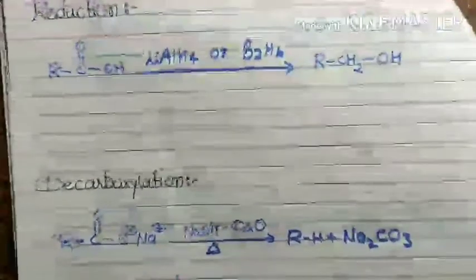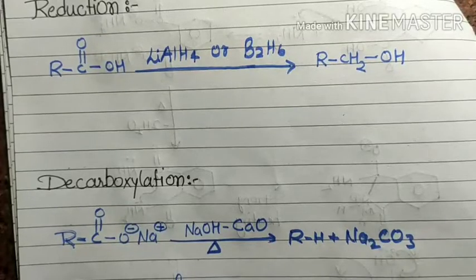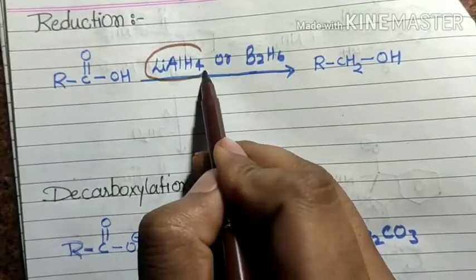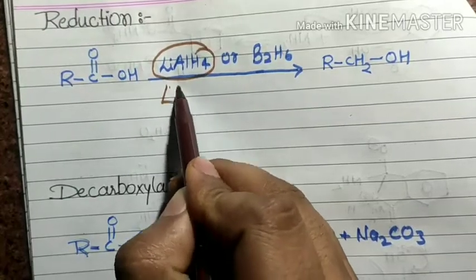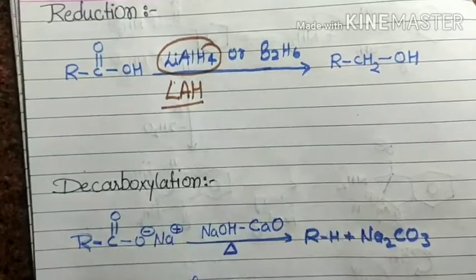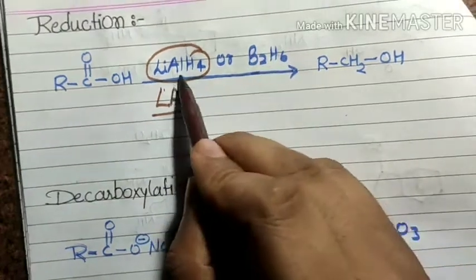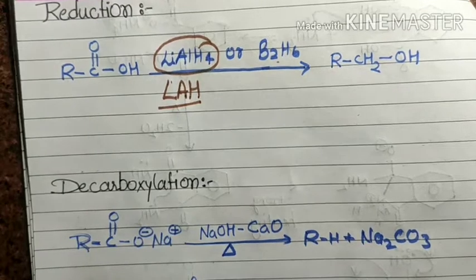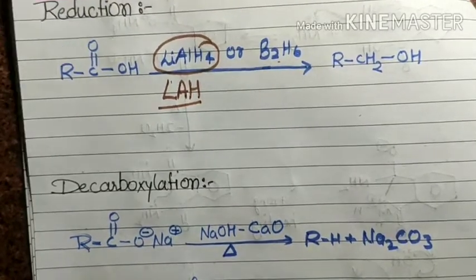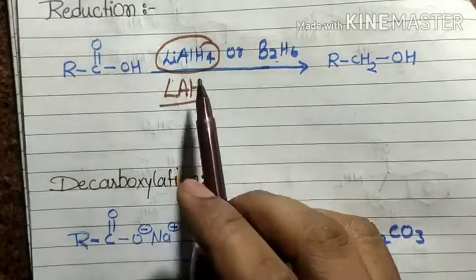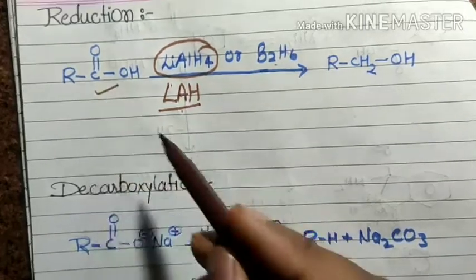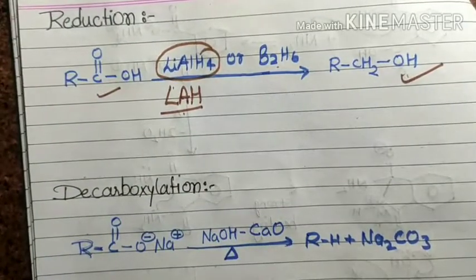Next one is the reduction of carboxylic acid. In the reduction of carboxylic acid, the carboxylic acid is reduced by two reagents. One of them is LiAlH4, that is lithium aluminum hydride, or in short LAH, and the other is B2H6. You are aware of both of these reagents because in this chapter aldehyde and ketone are reduced by LiAlH4, ester is also reduced by LiAlH4, and carboxylic acid is also reduced to primary alcohol with lithium aluminum hydride.